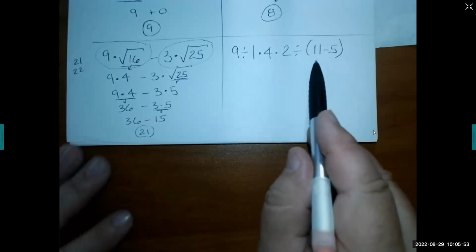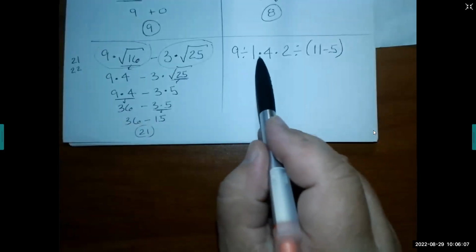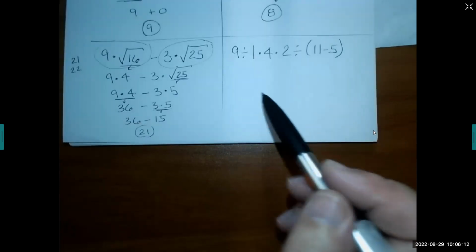All right, this one, how many terms do we have here? One. Since all of these are multiply divide, that's one big term.